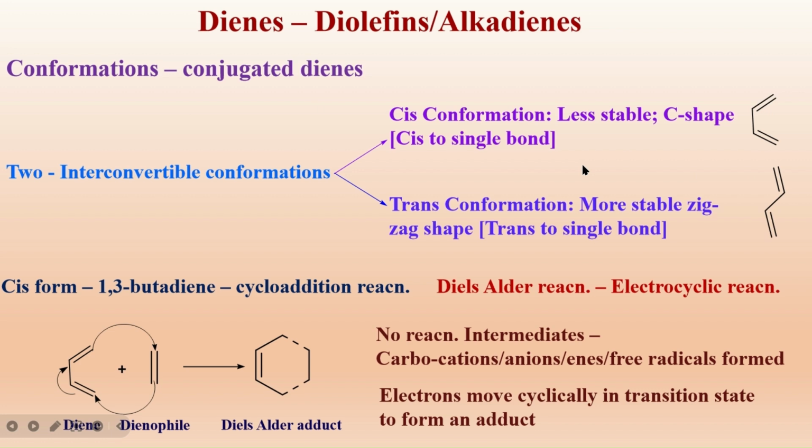Likewise, the dienes can exist in cis conformation and also trans conformation. And this cis conformer of the diene reacts with a dienophile to give the Diels Alder adduct. This is the unique reaction, the cycloaddition reaction, electrocyclic reaction, exhibited by dienes, and we can deal with these electrocyclic reactions in depth in the pericyclic reactions class that I have explained in other presentations.